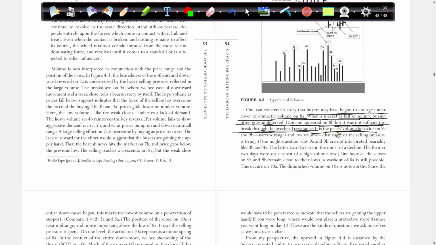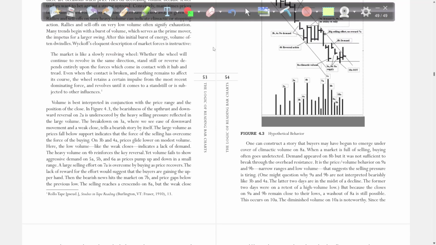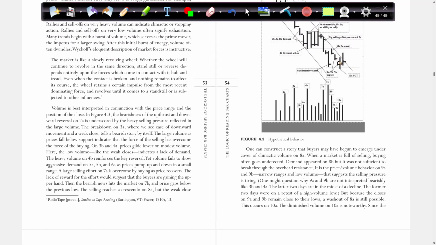Now consider the price volume behavior on 9A and 9B. One might question the behavior of 9A and 9B: narrow ranges and low volume.